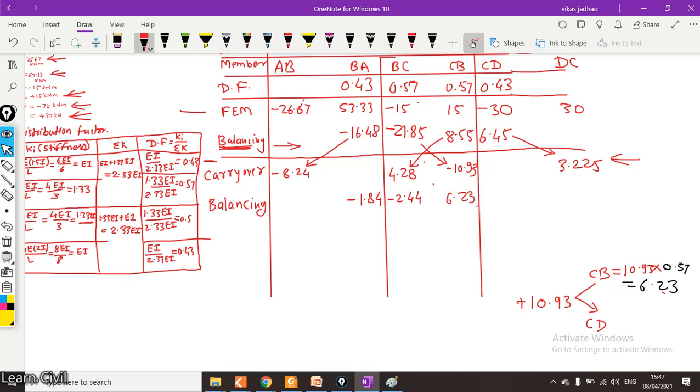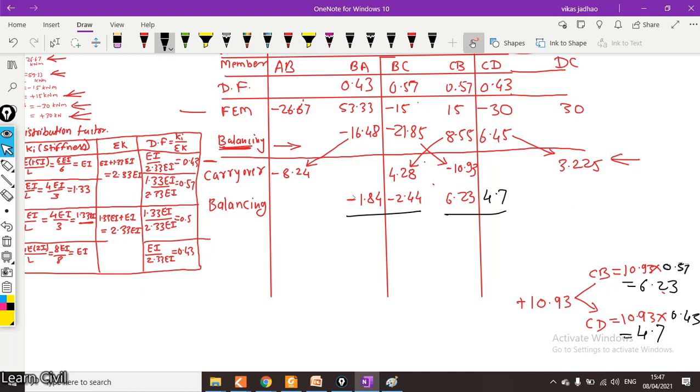This will be the balancing moment for CB. Okay, now for CD, the balancing moment will be 10.93 into the distribution factor of 0.43. So this will be equal to 4.7. So write down here 4.7. Okay, so the balancing process is completed for this particular stage.